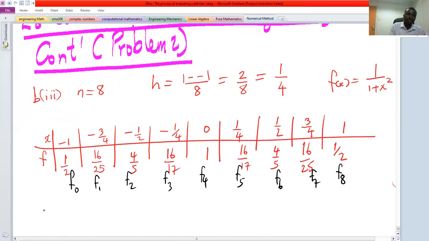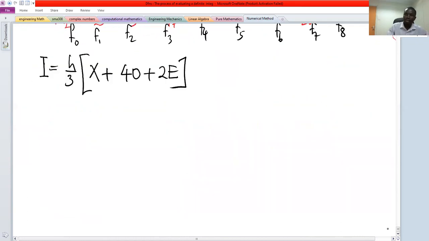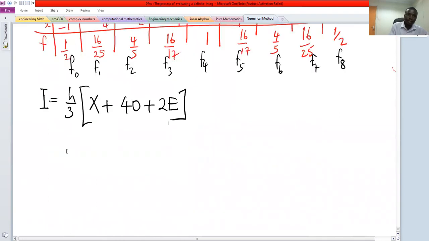Now, we know by Simpson's rule, we have h over 3 into X plus 4O plus 2E. X is the sum of the end ordinates. So we'll have h over 3 into F0 plus F8.